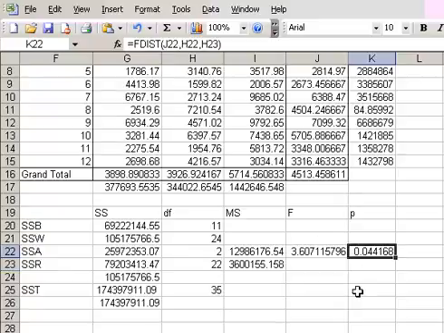And the probability of that f is 0.04. This indicates then that we would reject the implicit null hypothesis that cost is independent of admission, and instead accept the alternative that says that cost is not independent.